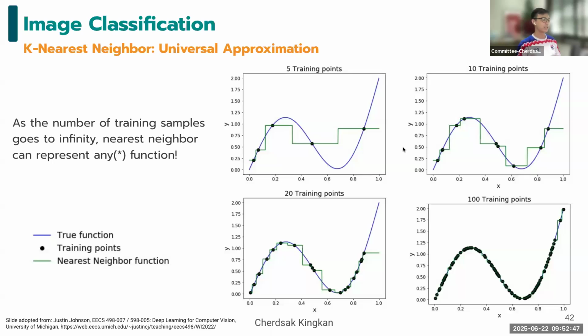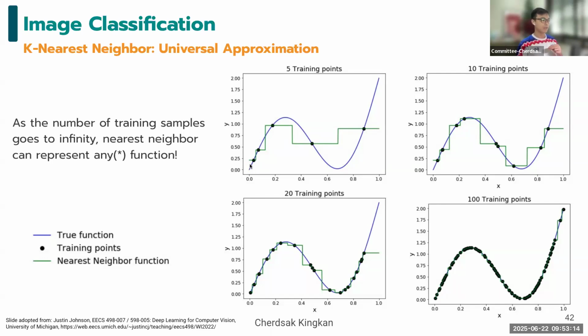As we can see here, the black dots over here are our training points. If we train this k nearest neighbor, the true function, which means the function that really represents these dots, is the blue one.